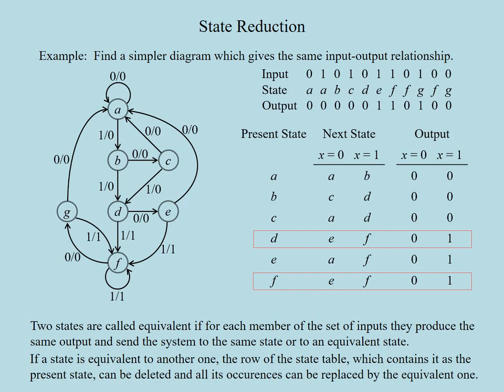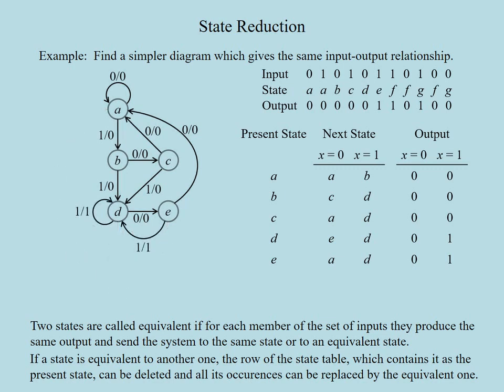So we don't need both of them. We can delete F and we can write D wherever we see the state F. These manipulations reduce the number of states to 5 without changing the input-output relationship of the circuit. The state diagram corresponding to this state transition table can be drawn as this.